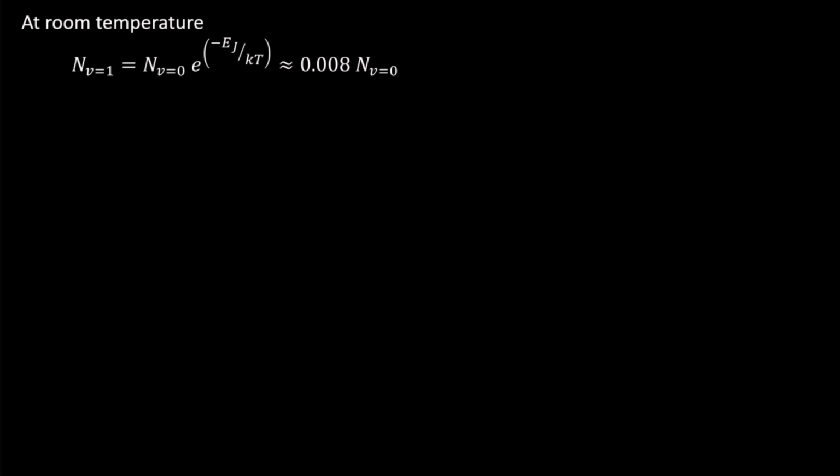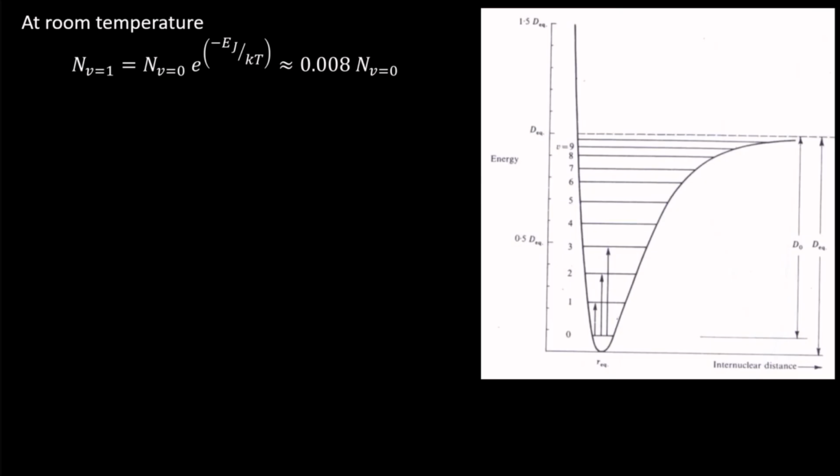Thus, we can ignore all transitions originating from v equal to 1 or above states. This figure shows the allowed vibrational energy levels and some transitions corresponding to delta v equal to +1, +2 and +3 from the ground state for an anharmonic oscillator.